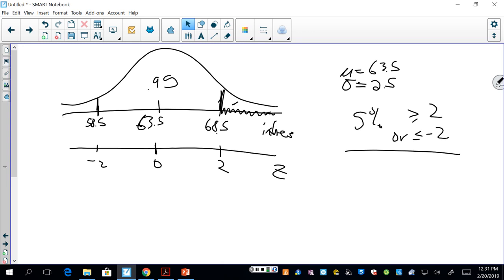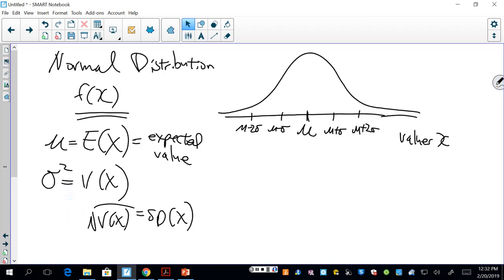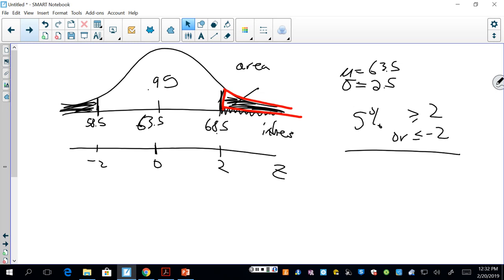And so how much area should be up here? Right? If it's 5% for these 2 shaded areas, then the chance that you're in half of that is going to be the 2.5%. So the probability that our random variable, a standard normal, is greater than or equal to 2, is about 2.5%. Right?